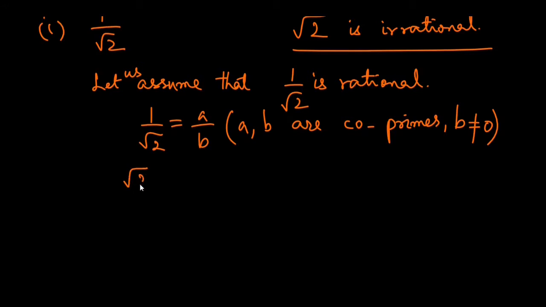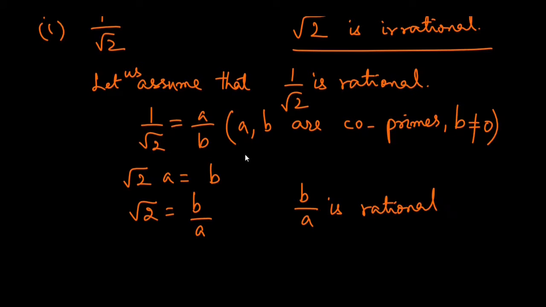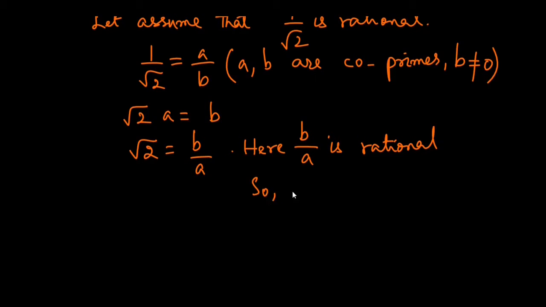So root 2 a is equal to b by cross multiplication, and root 2 is equal to b by a. So here b by a is rational. As a by b is rational, b by a is rational. So root 2 should be rational.